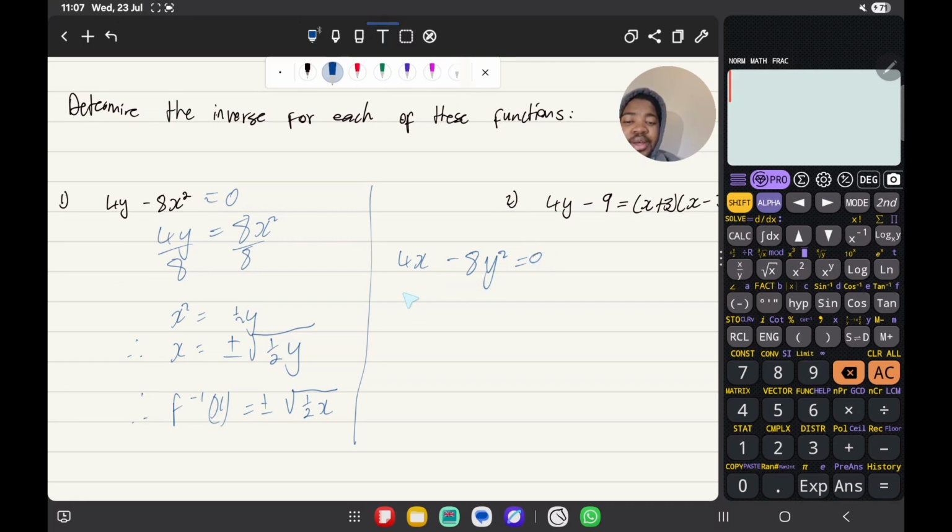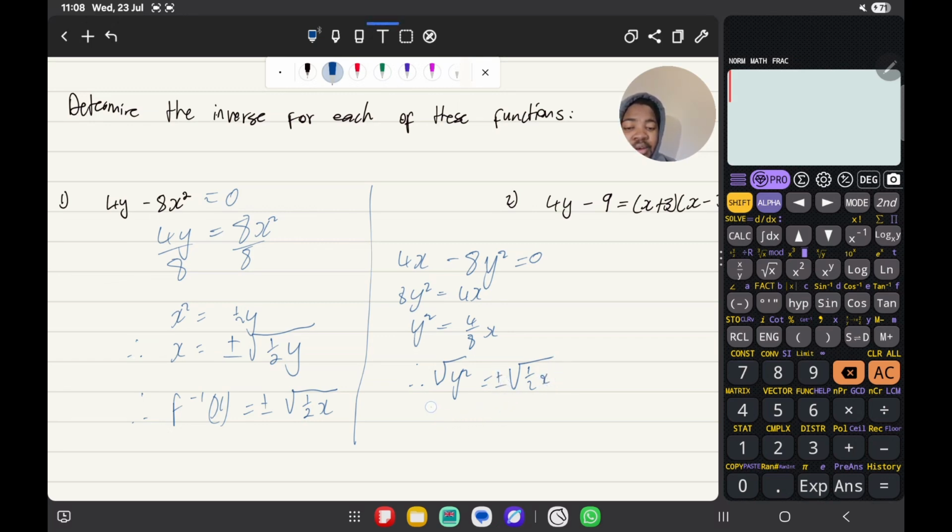So then from here we have 8y squared equals 4x, y squared equals 4 over 8x, and then they will say the square root of y squared equals the square root of 1 over 2x, plus or minus, by the way.